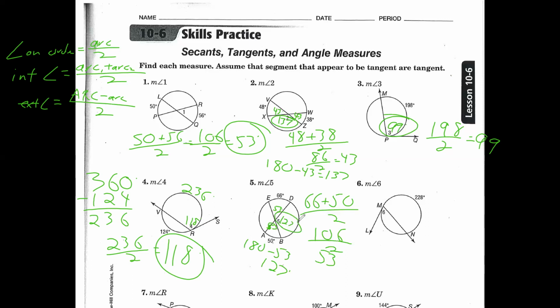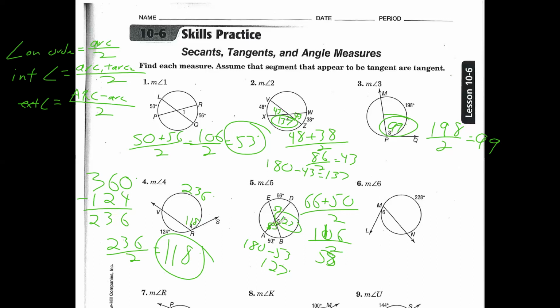Wait, did I do something wrong? Go back, I could have done something wrong. I had 66, I had 50, added them up, got 106. Yep, I did something wrong. That's not 106. That should be 116, right? So 116 divided by 2 should have been 58.